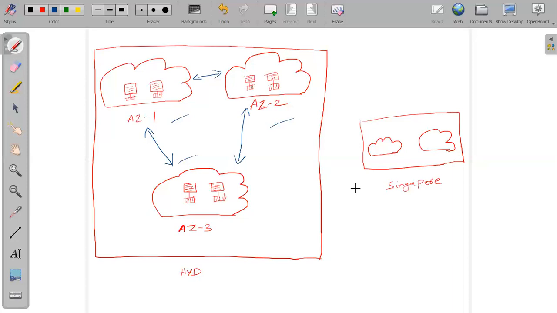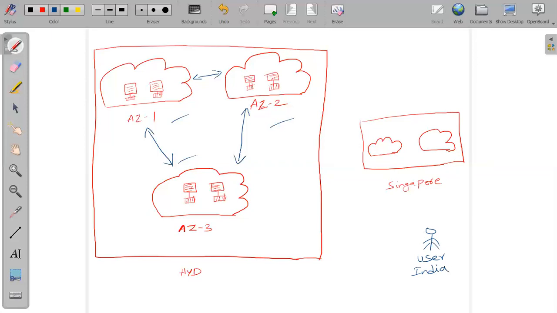So here we have one in Hyderabad. Similarly, we have it in Singapore. Say any user is from India, and this person wants to connect to the region.